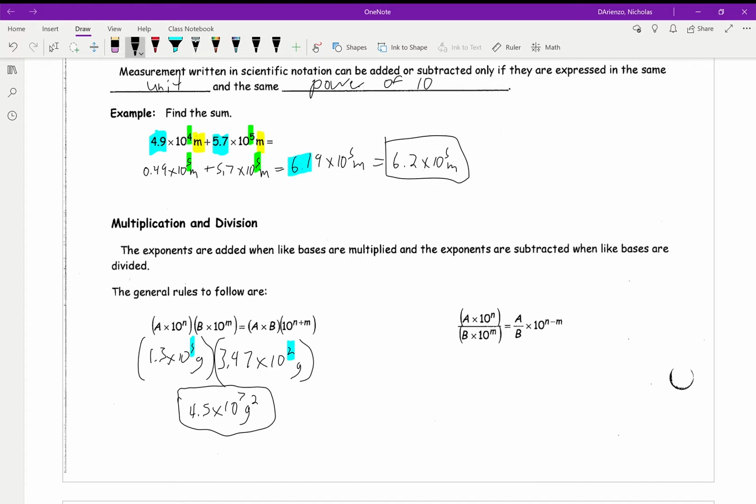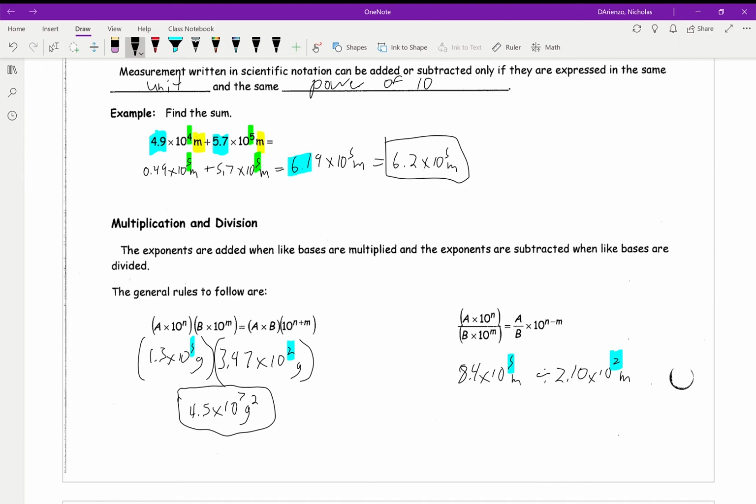So when we multiply numbers in scientific notation, we're going to add their exponents together. Now if we wanted to divide two numbers, 8.4 times 10 to the 5th meters divided by 2.10 times 10 squared meters, our exponents here, since we're dividing, we're going to subtract those.